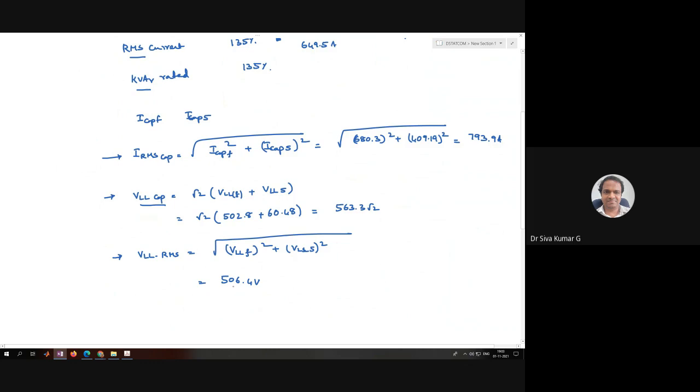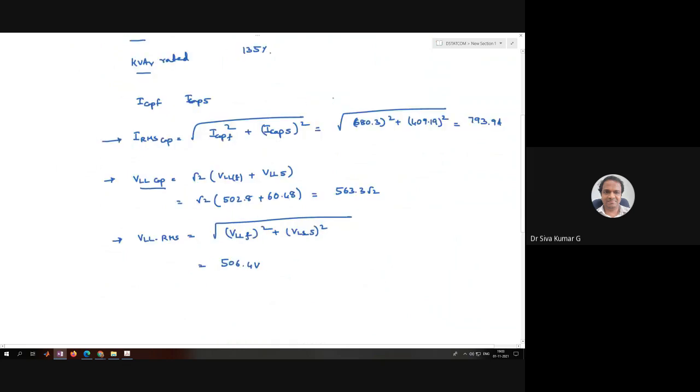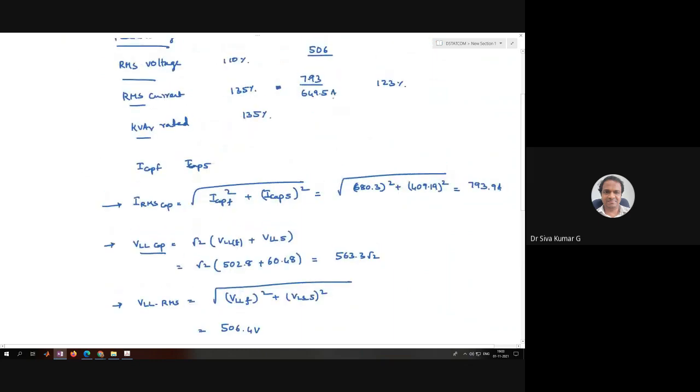We can find the value 506 by 480 volts, which we get here as 106 percentage.